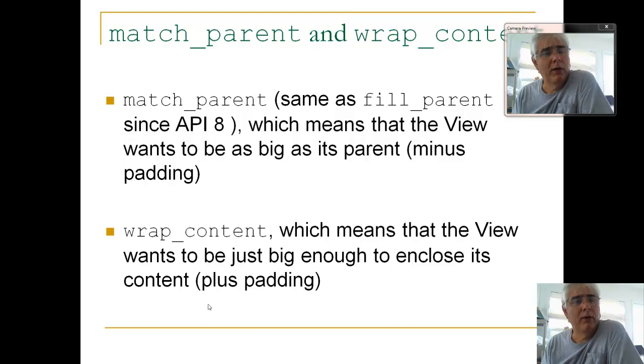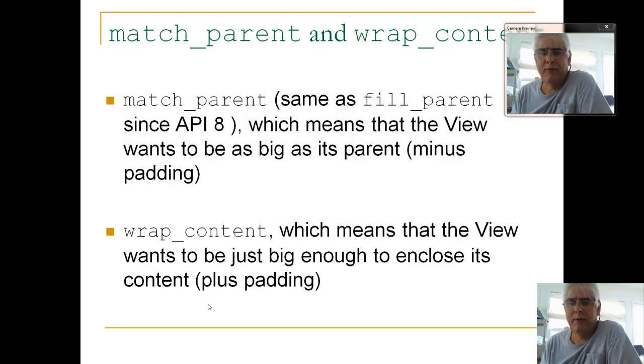You can treat those as essentially the same thing. Up through Android API 8, which was quite some time ago, it was fill parent. It was changed to match parent. You can now do them interchangeably, and you will see them both in the examples and in the literature.